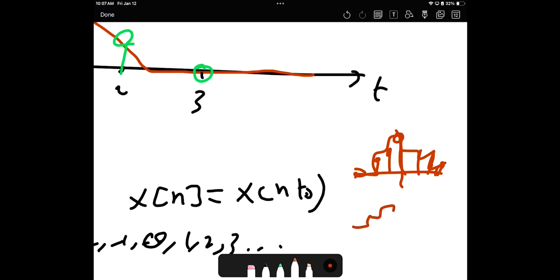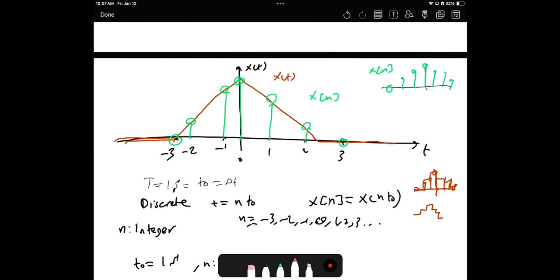That is how it will look if you want to make it continuous again. So this waveform is not the same as the original one.